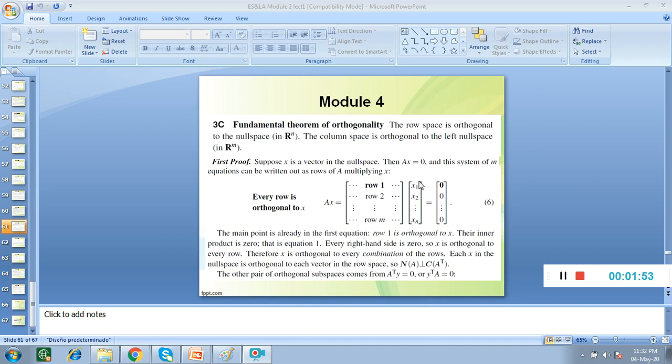Certainly, as for the null space, by default while finding Ax equal to 0, we multiply each of the rows with the column and the result would be 0. By default, this row and this column are orthogonal to each other.